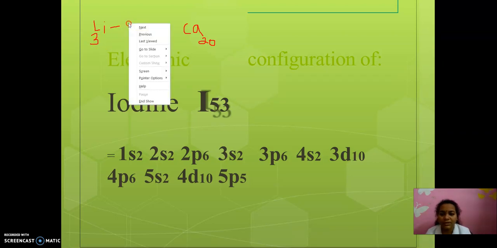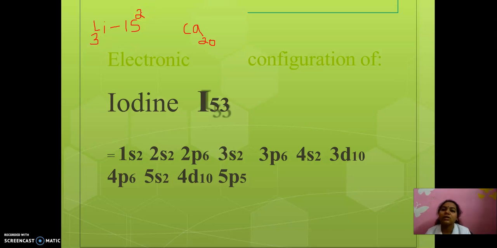We'll start. First 1s, how many electrons? 2. Lithium has 3 electrons, so 2 electrons are arranged in 1s. So 3 minus 2, one more electron is left.